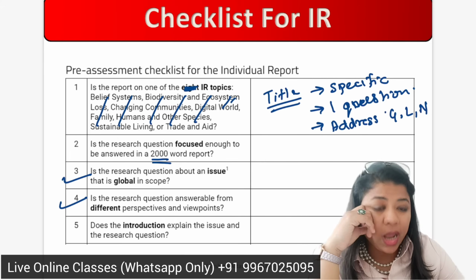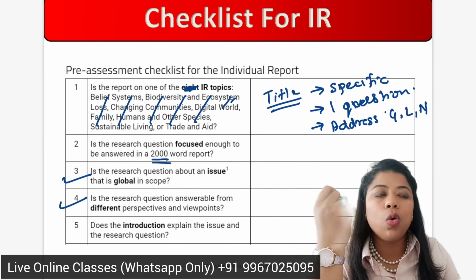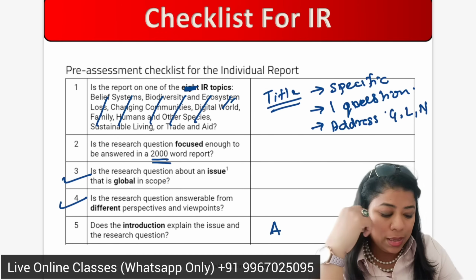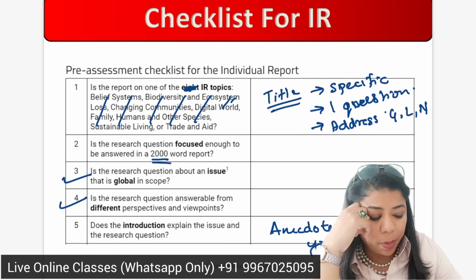This is very important, and I generally tell my students, please do write from where you got the thought of choosing this particular research question, what triggered it. So a short anecdote you can say of how you thought about this topic. What made you think about this topic?